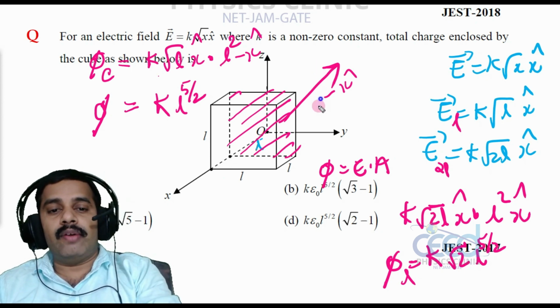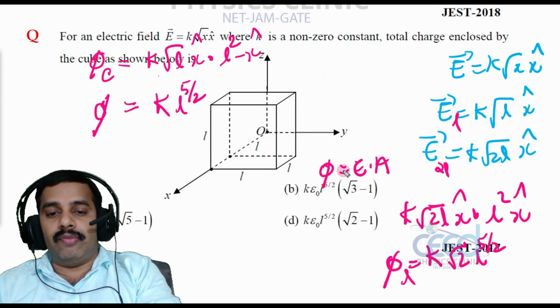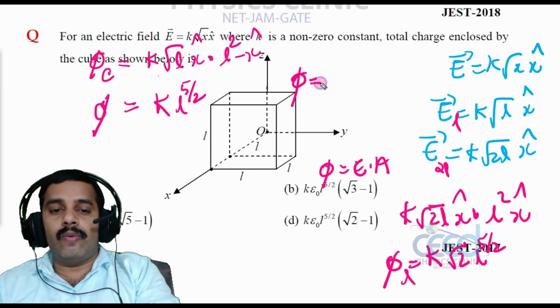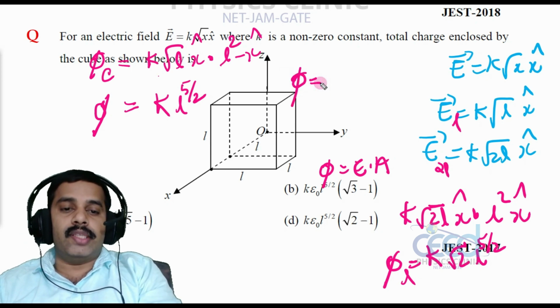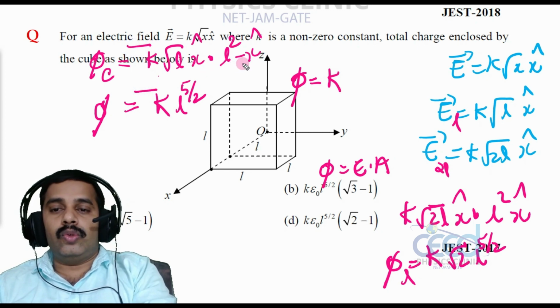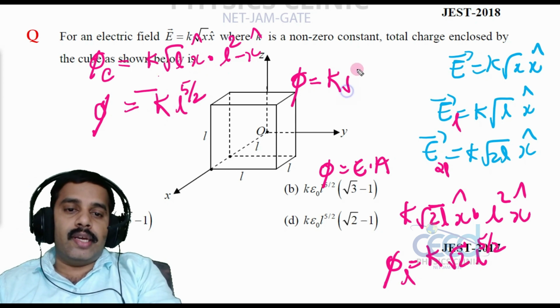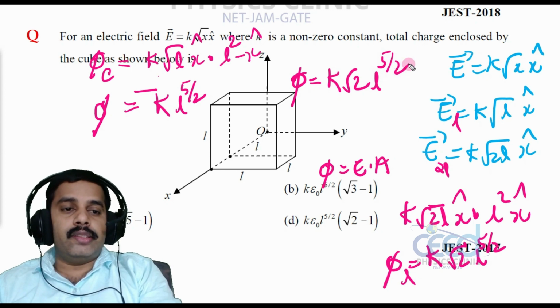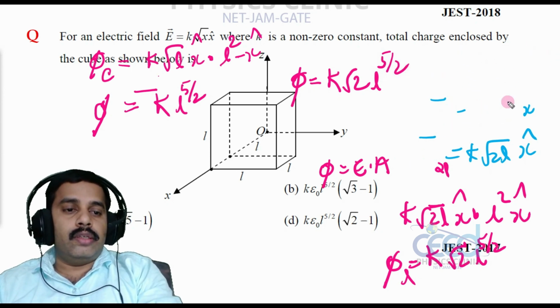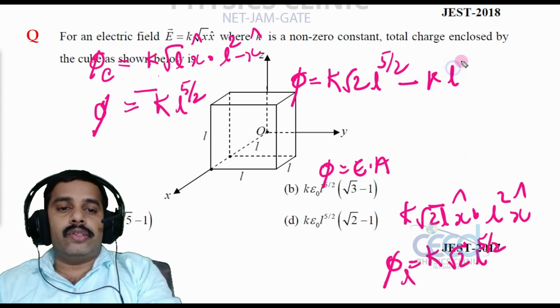Suppose we have a charge here. Total flux is flux leaving plus flux entering. That is k root 2 L raised to 5 by 2, and because of the minus x cap we have a negative sign, minus k L raised to 5 by 2.